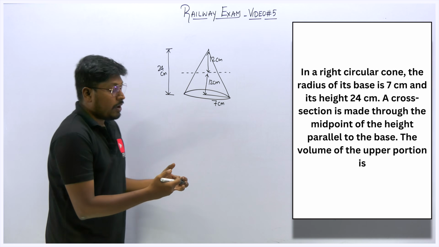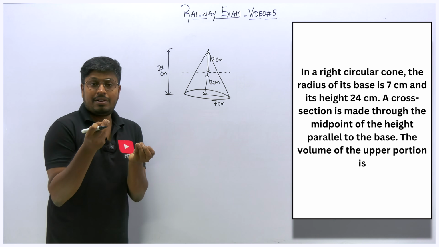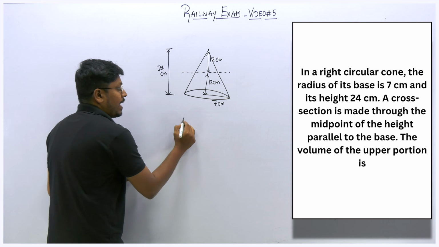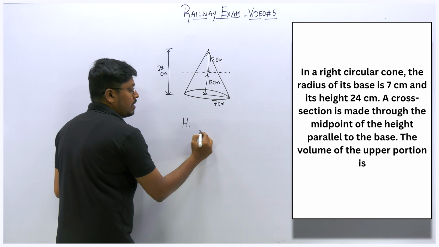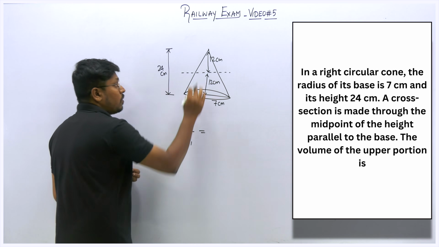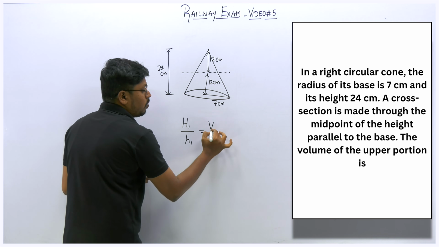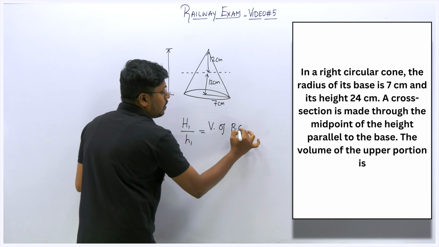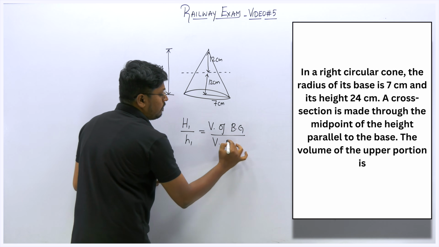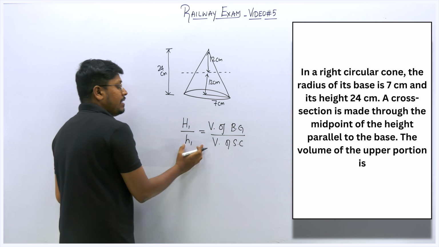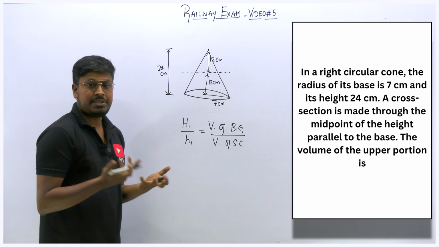If it is a midpoint, we have learned one important formula. H1 will be the total height of the cone divided by the small height of the cone, which equals the volume of the bigger cone divided by the volume of the smaller cone. Either you can write these two values at the top or at the bottom based upon your pattern.